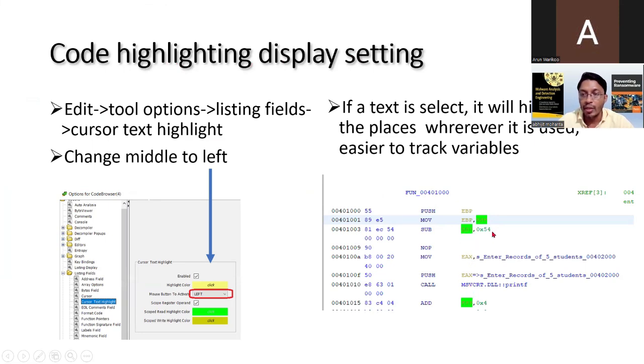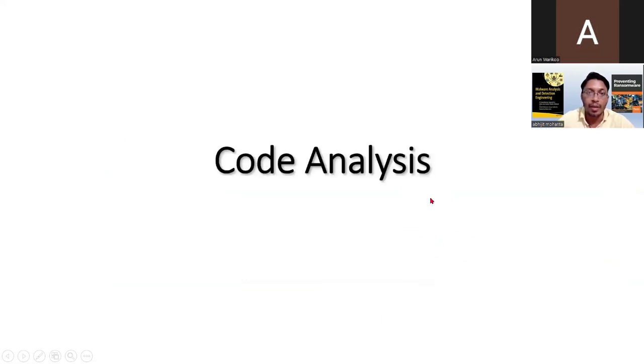So you can go to Edit, Tool Options, Listing Fields, Cursor Text Highlight, which by default is set to middle, and you need to change this to left. Now if you select a text, in this case ESP, you can see all the ESP are highlighted. This is useful while reading code, whether in the disassembler or in the decompiler.